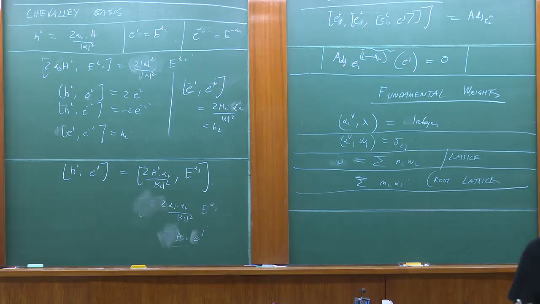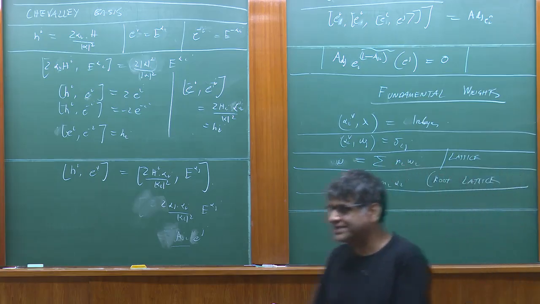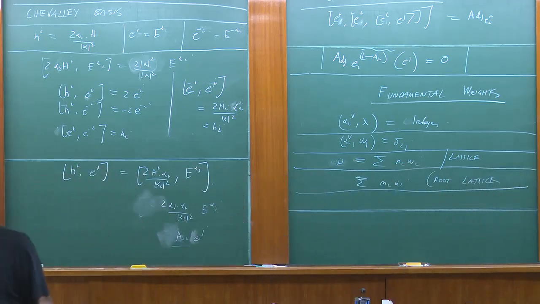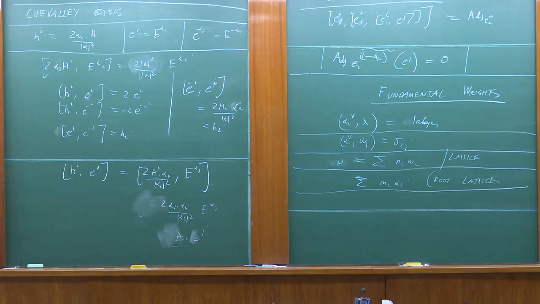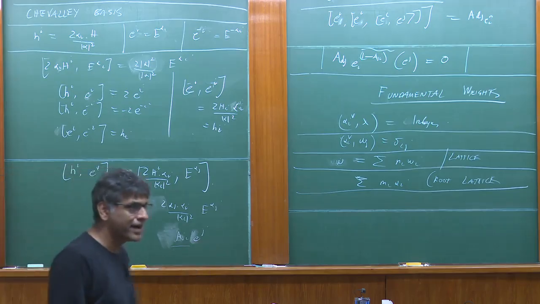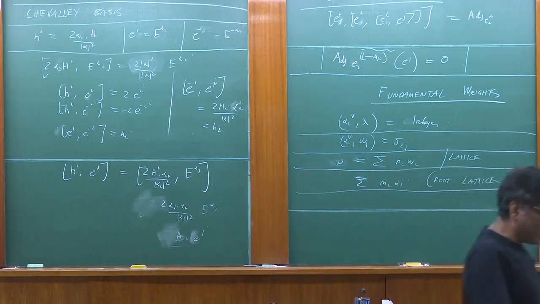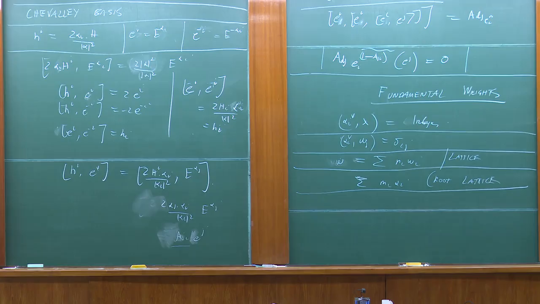Okay, so let's take the case of SU2 for instance. In the case of SU2, if your highest weight was half integer, then all your weights are half integer. On the other hand, if your highest weight was integer, all your weights are integer. So all weights within a given representation lie in the same conjugacy class, where the conjugacy class is defined by modding out the weight lattice by the root lattice.